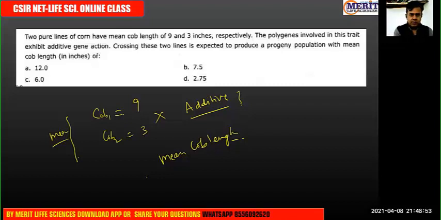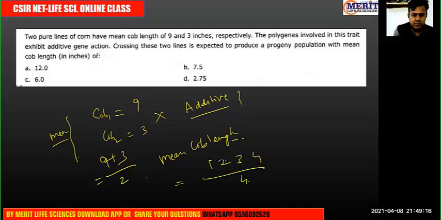How did you solve it? Just add these two and divide by 2. 9 plus 3, 12. Because mean is whatever the numbers are, divided by the total number. So you get 6.